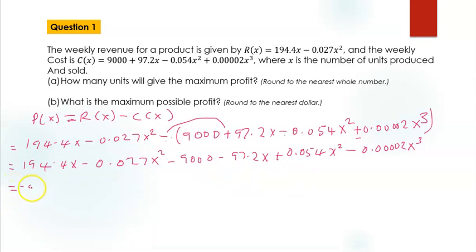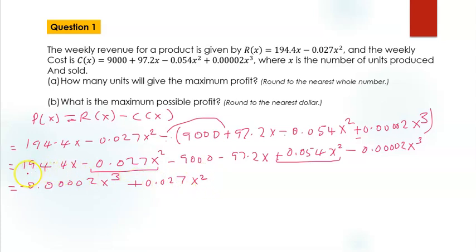Now, putting like terms together and arranging in descending order, we start with the cubic term, which is negative 0.00002x cubed. Then the next is negative 0.027x squared plus 0.054x squared, which becomes positive 0.027x squared.